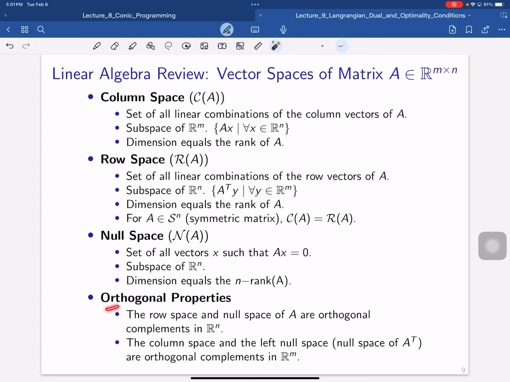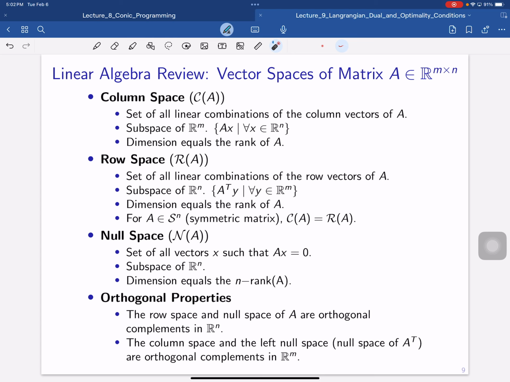And there are some orthogonal properties. First of all, the row space and the null space of A are orthogonal. Remember, the definition of the null space is nothing but each row of A multiplied by x is 0, so x must be orthogonal to each row of matrix A. And the column space and the left null space, which is the null space of A transpose, are also orthogonal.